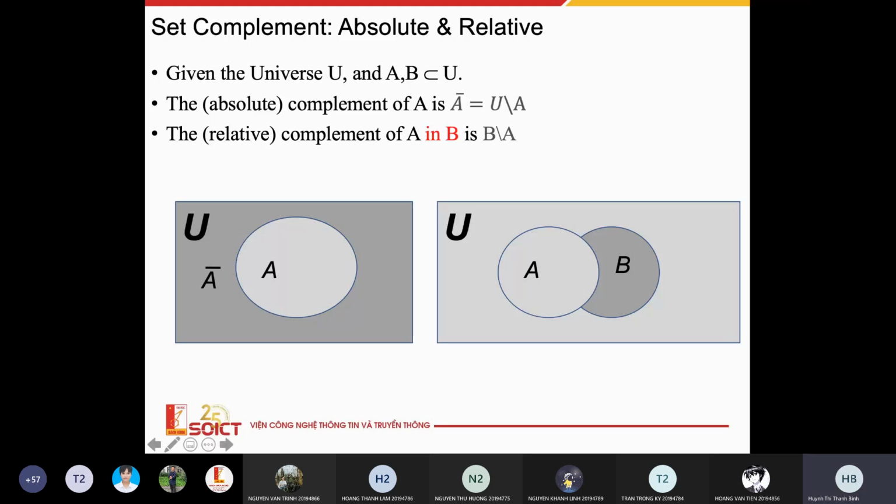The answer for these two questions is the shaded region.